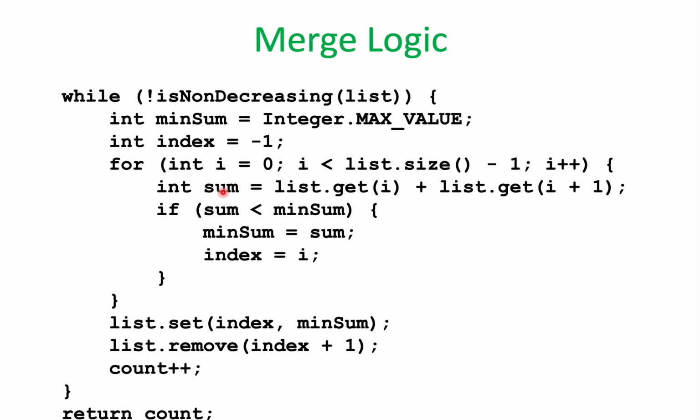Now the data is sum. We have got two elements from the list, and if sum is less than min sum, then what we will do: min sum equals sum, we replace the min sum, and then we'll update the index equal to i. Means we'll keep updating the index.